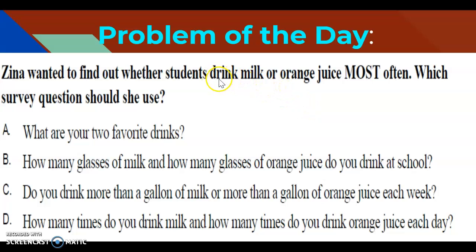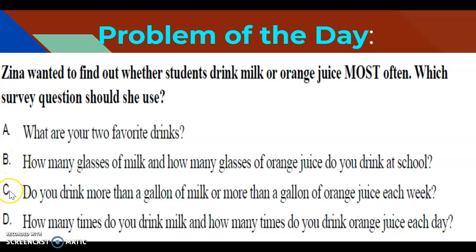She's trying to figure out whether students drink milk or orange juice most often. She didn't necessarily ask how many glasses that they drink. So if she asked the question of how many glasses do you drink, this may be a good answer choice for us. But she's trying to find which one do they drink the most often. So this is not really going to give us an answer to that. Okay, so B is not a good answer choice.